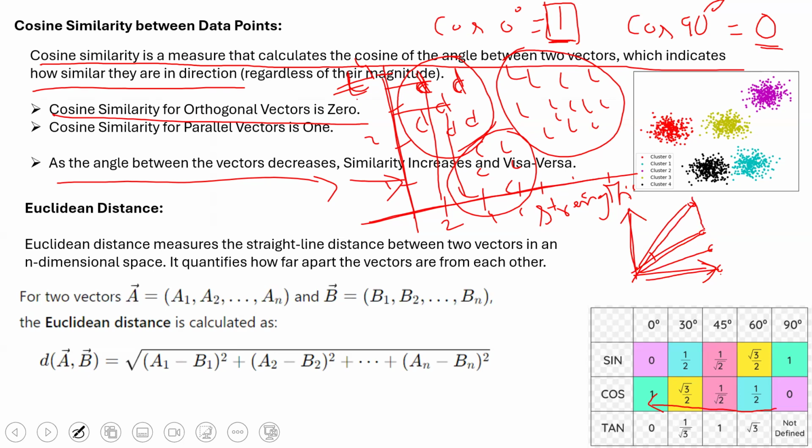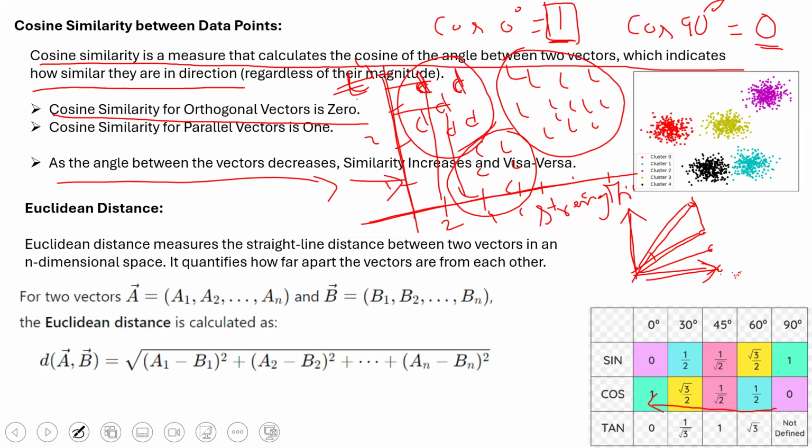You can use this as one of the parameters to do the clustering as well. Clustering means marking all the similar points at a similar stage. Now you understood that, right? You got some basic understanding of what cosine similarity is and where it will be used. Got that or not? Yes.